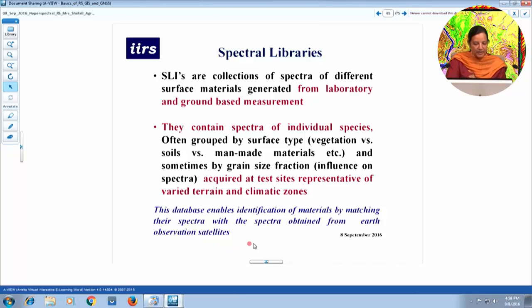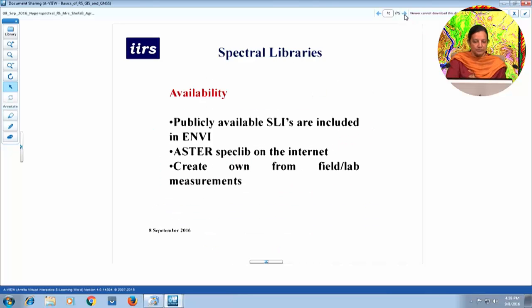This database enables identification of materials by matching their spectra with the spectra obtained from Earth observation satellites for identification of features on the ground. These are some of the publicly available spectral libraries which are included in ENVI software. The Astra Spectral Library is available on the internet. You can also create your own.